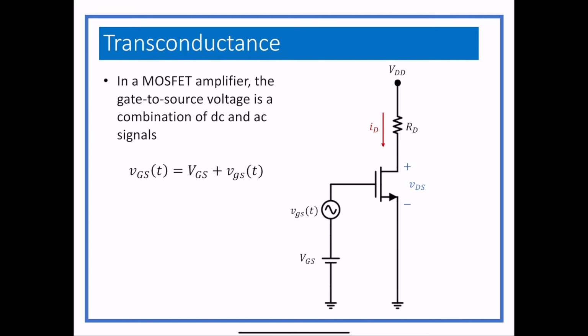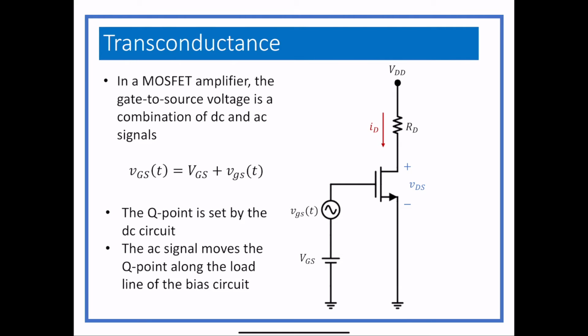We have the Q point set by the DC circuit, and then the AC signal moves the Q point along the load line. And this is a really, really simple, basic DC circuit. There is an AC source in here. So basically, this is designed to show you, in the simplest way, that the input is a combination of DC and AC sources.